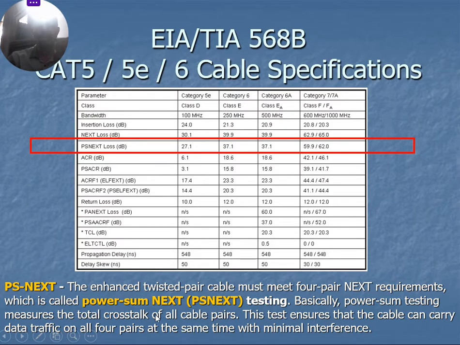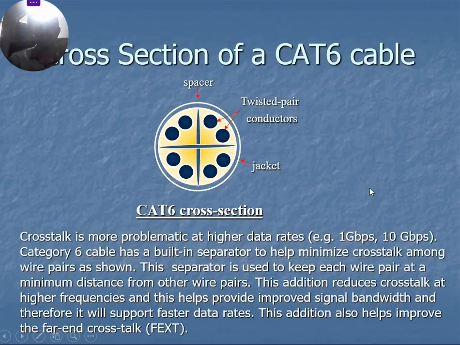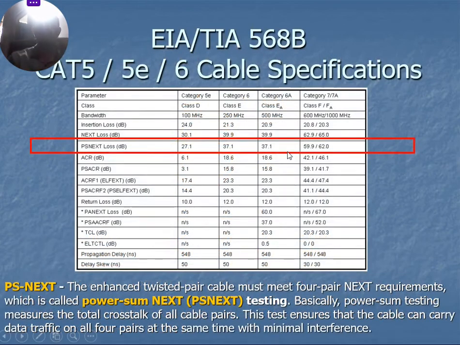So basically, power sum testing measures the total crosstalk of all the cable pairs. This pair, this pair, this pair, this pair. So when you are testing all of them, then you are doing a PS NEXT.